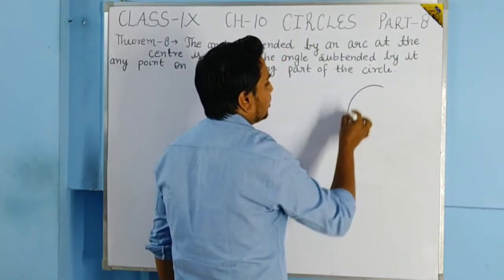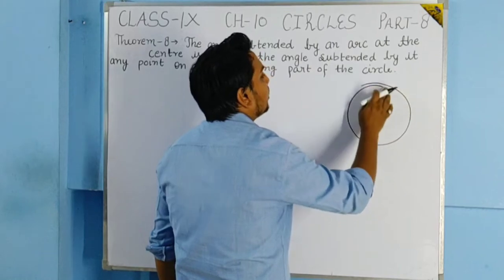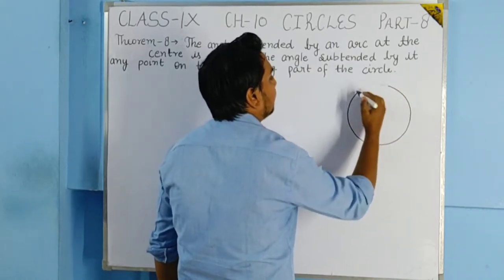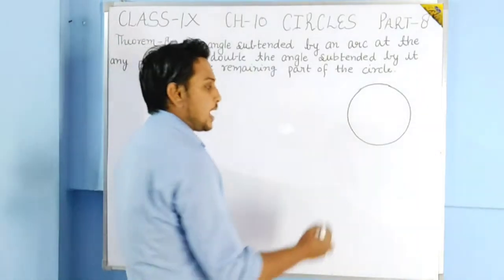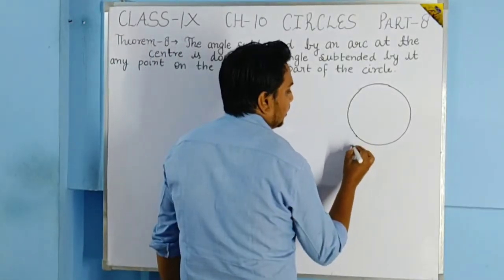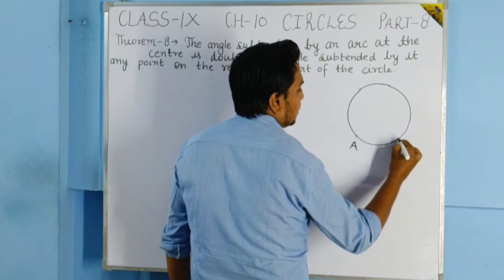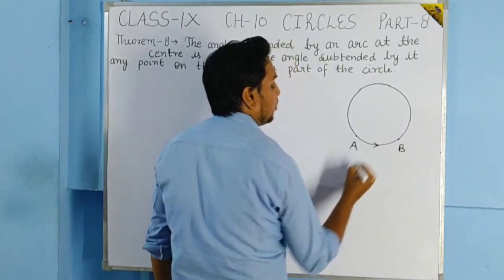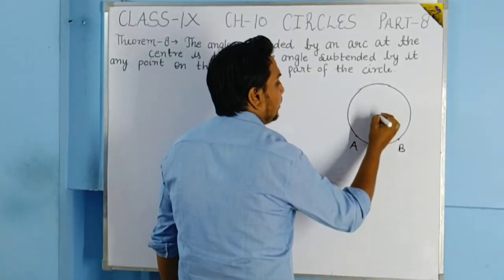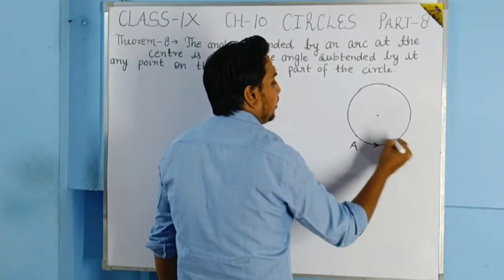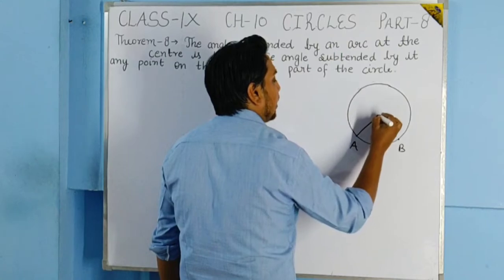See, suppose this is a circle, and in this circle there is an arc. Suppose this arc is AB.